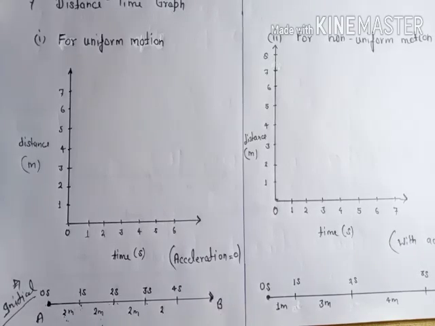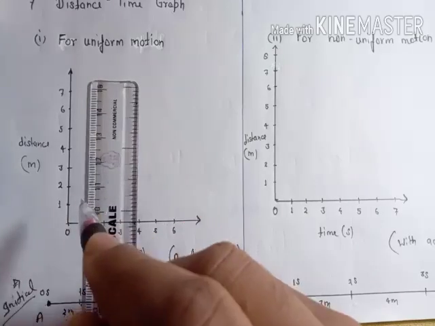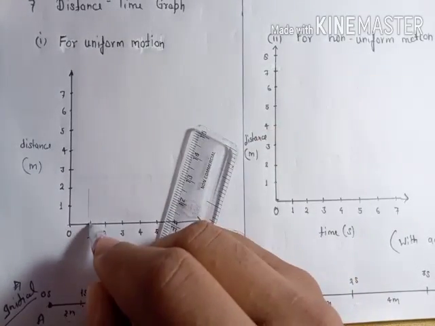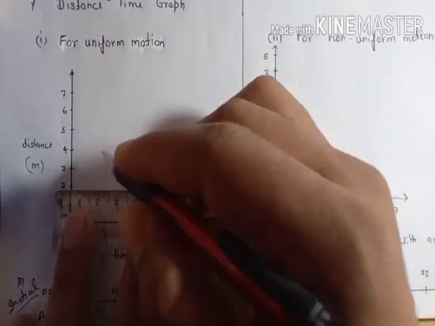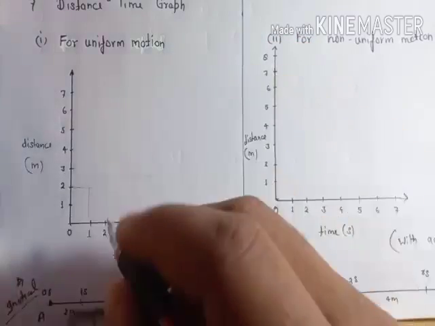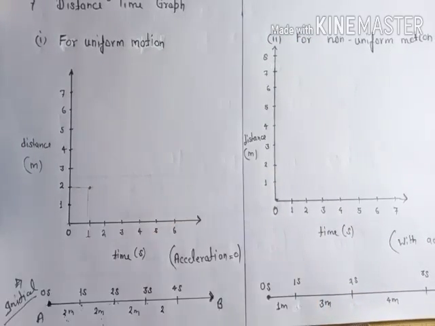So yes, draw a parallel line to the y-axis which goes to 1, it must be like this, and draw another line which goes parallel to x-axis, and intersecting point of these two lines is here.